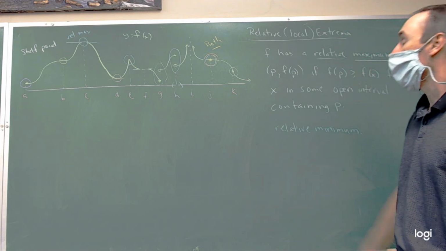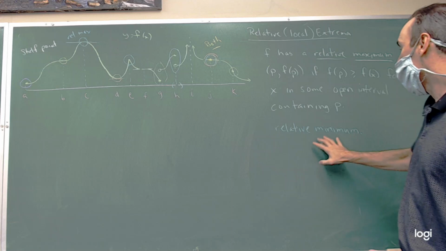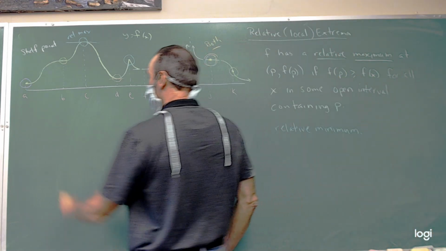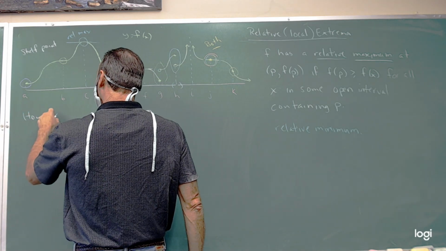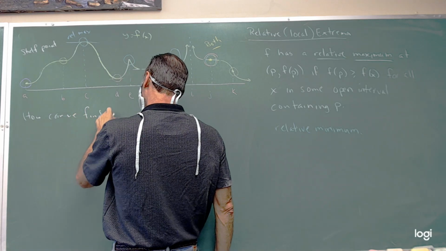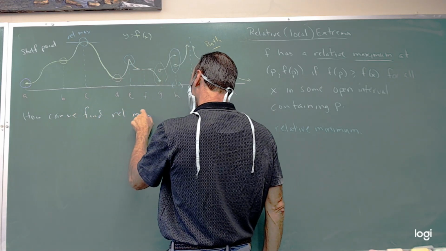Okay? So the point of this is to say, how do we know where we have a relative min, relative max? How can we find relative max and mins?